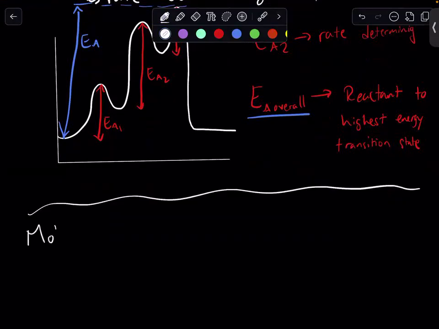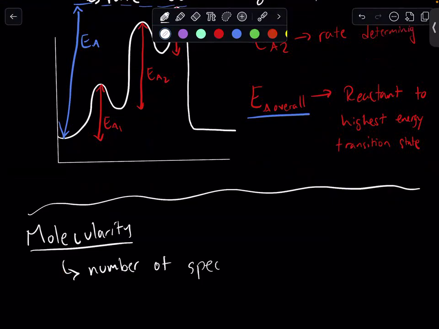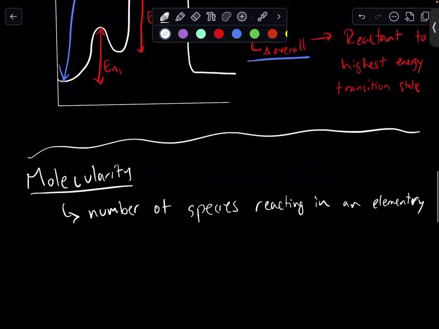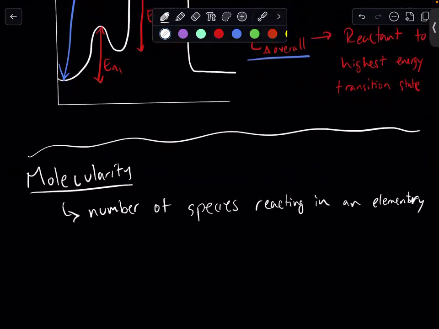We're going to briefly now talk about molecularity. Molecularity is quite simply the number of species reacting in an elementary step.